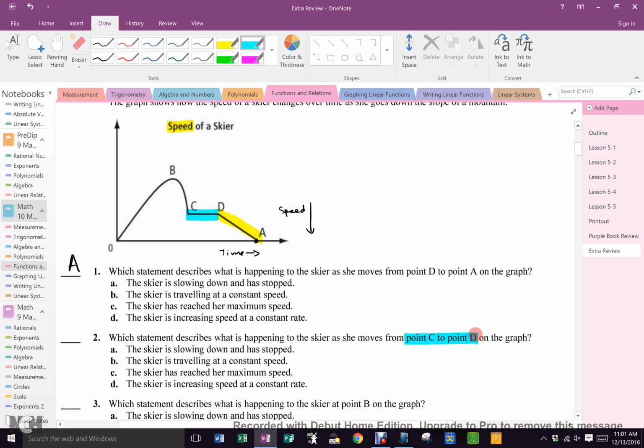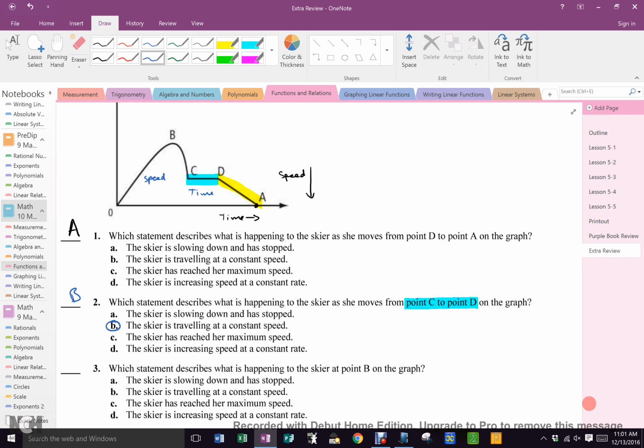You will notice that as time moves on, his speed goes neither up nor down. His speed stays the same, which means he must be B, traveling at a constant speed.